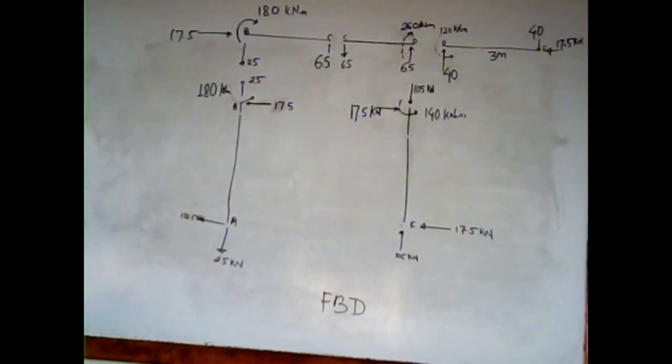Likewise at section CD, there is a downward force perpendicular to the section of 65 kilonewton, and to balance this 65 kilonewton we will put an upward force. Likewise, 260 kilonewton meter is the moment at point D because of the 65 kilonewton force acting downward.